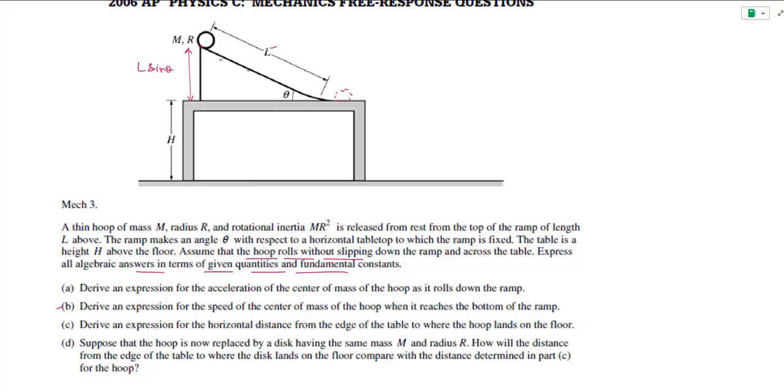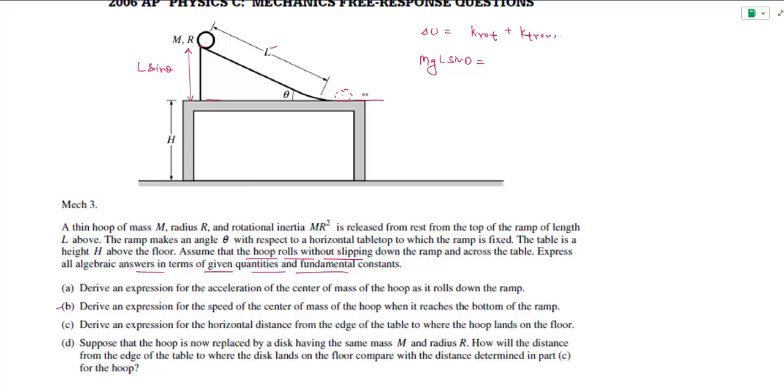Now comparing this level and this level, there is a change in potential energy, and this change in potential energy gives rise to the rotational kinetic energy plus the translational kinetic energy of the loop. So what is the change in potential energy? Assuming this has the lowest level, we can write that the potential energy is mgL sin theta.